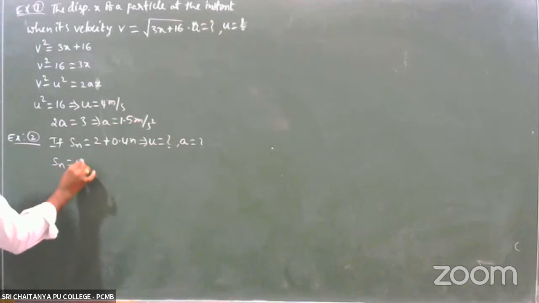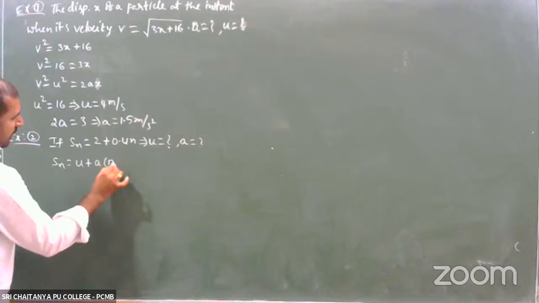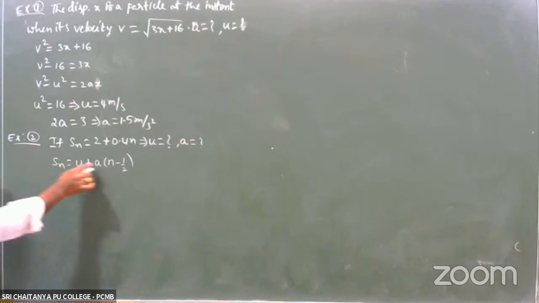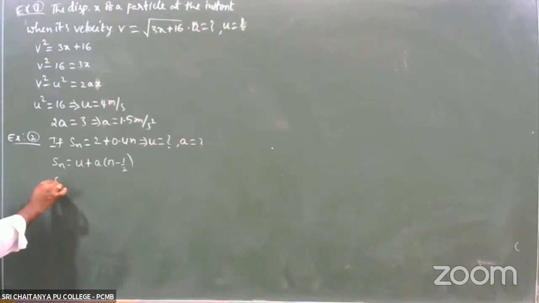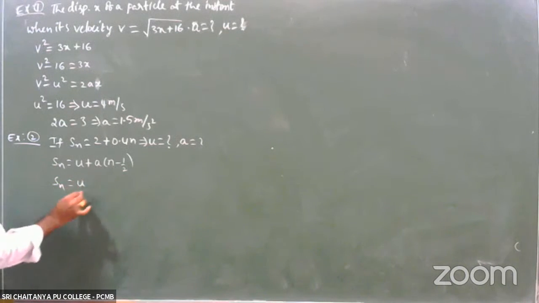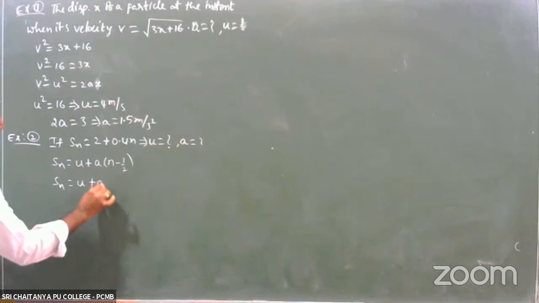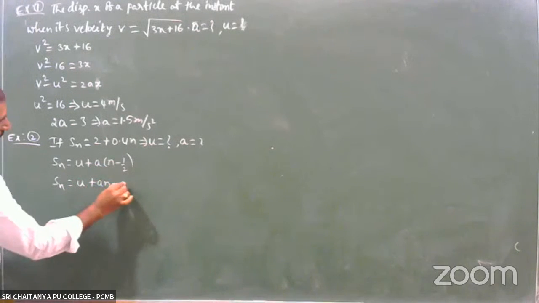We have one formula: Sn is equal to u plus a into n minus half. Then I am writing it: Sn is equal to u plus an minus a by 2.